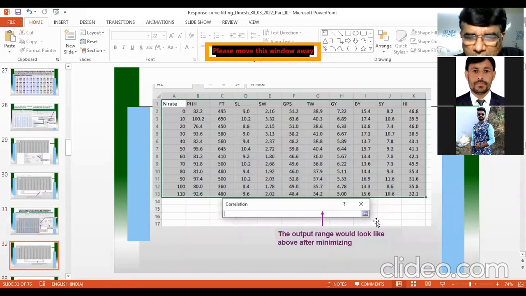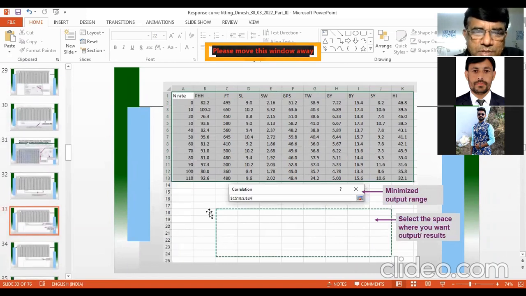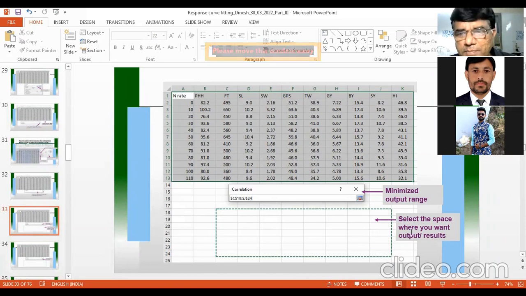Now, the output range would look like this after minimizing. Now you select this area. Suppose you want the result here. You can select only 2 cells or 3 cells. The number of cells is not fixed.